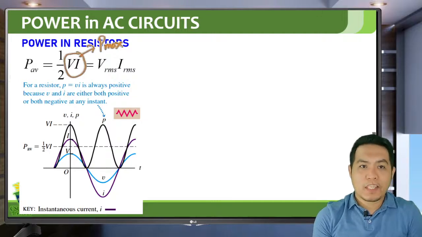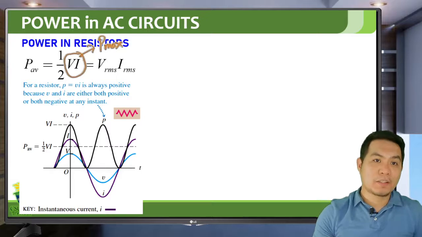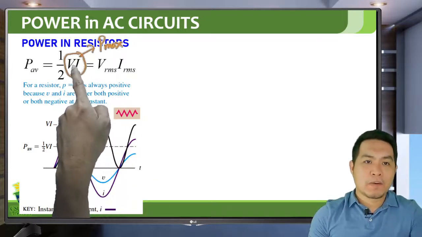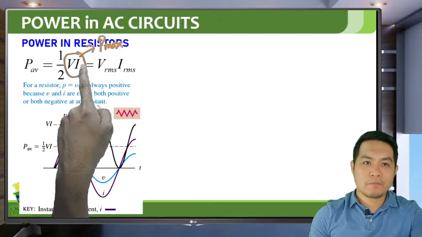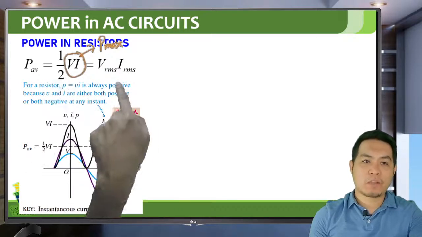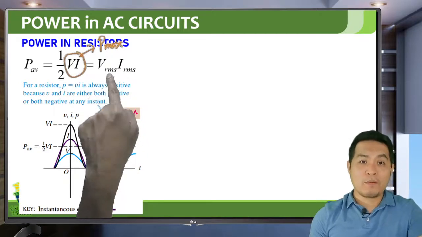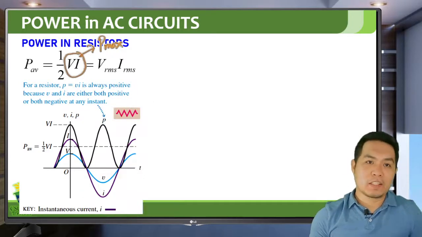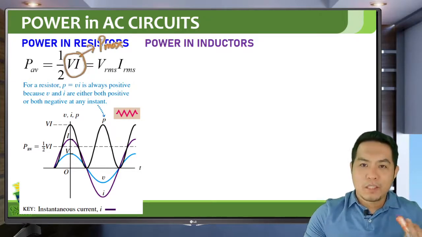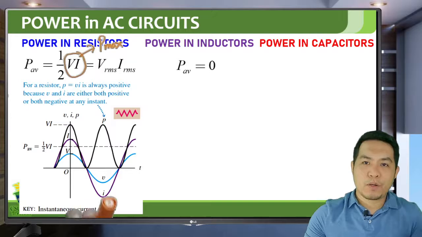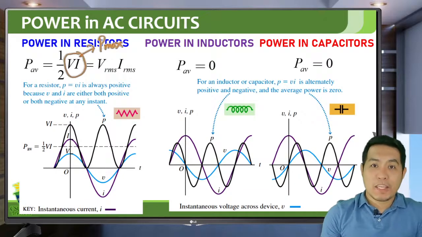If we convert this in terms of the root mean squared values, there will be a factor of square root of 2 for each, so you will have a factor of 2 times 1/2. So in terms of RMS values, the average power is just V_RMS times I_RMS. That is for resistors.